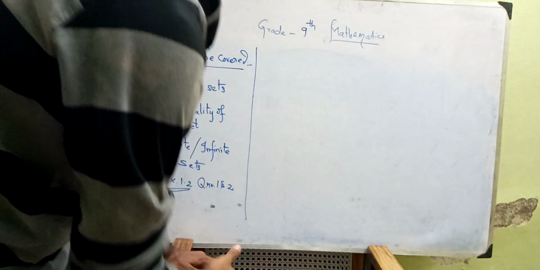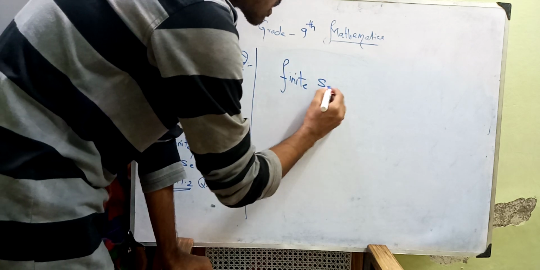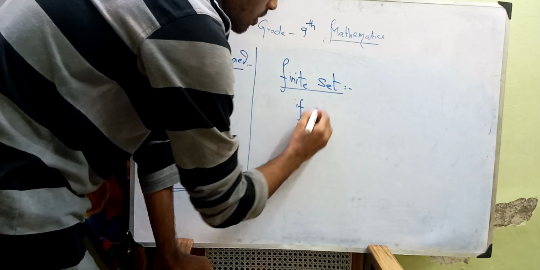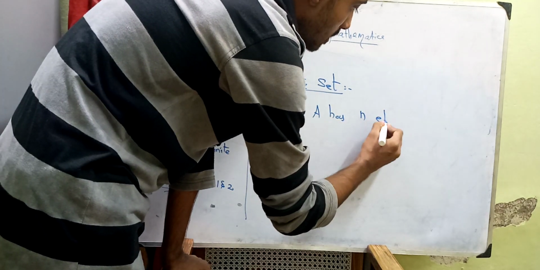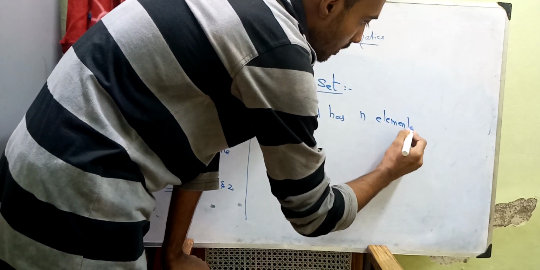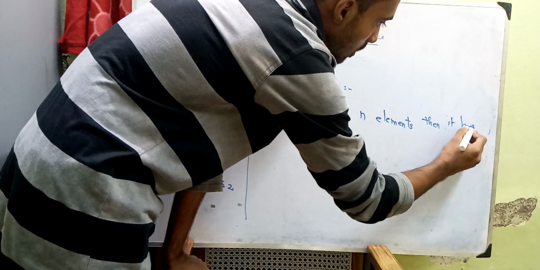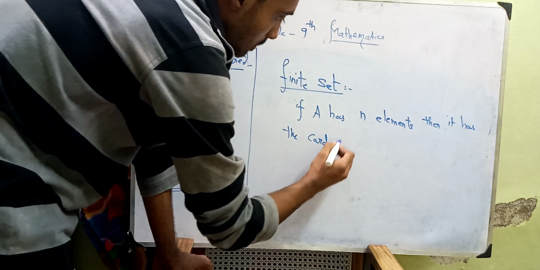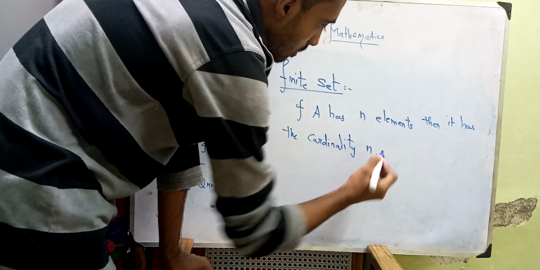So let us look at a finite set. What is meant by a finite set? If A has n elements, then it has cardinality n.